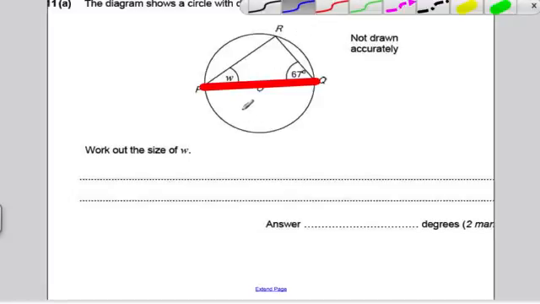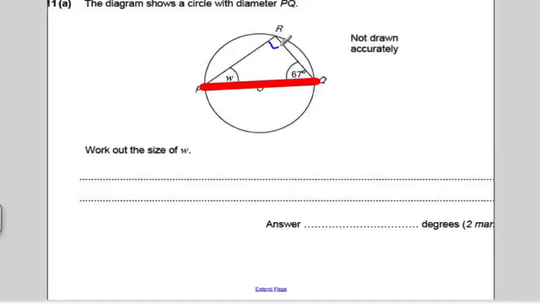We know the rule that angles in a semicircle contain 90 degrees, so this angle at R must be 90 degrees. To get W, you add these up and take them away from 180. So W equals 180, subtract 90, subtract 67, and you get 23 degrees.